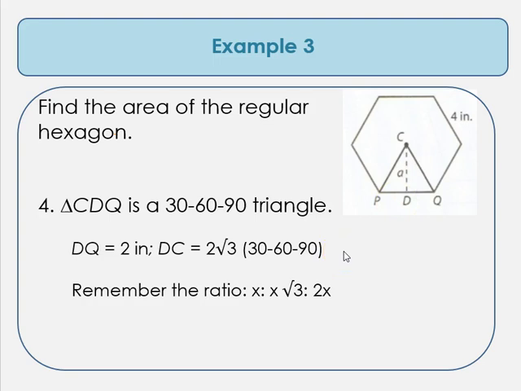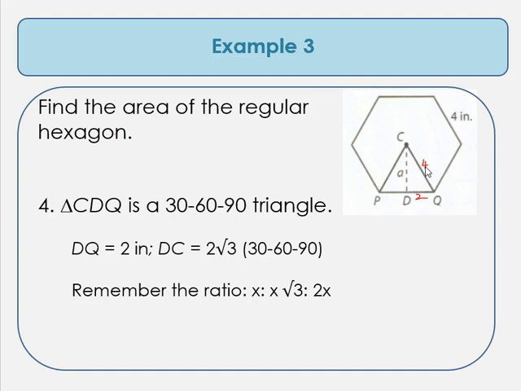For the fourth step, we take triangle CDQ. We know it's a 30, 60, 90 triangle because we know that these sides were all part of an equilateral triangle, and we have some side measures here, and we can actually use the 30, 60, 90 triangle theorem to solve for our apothem.